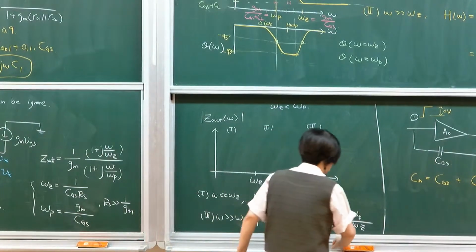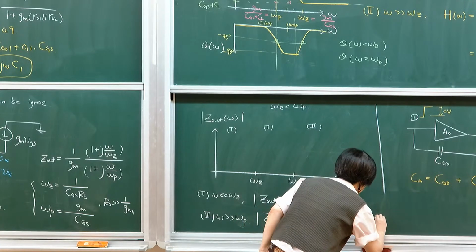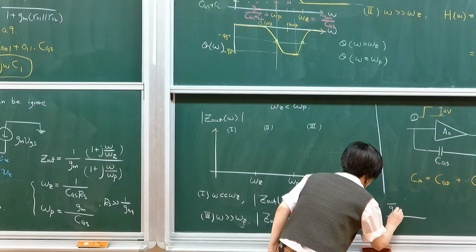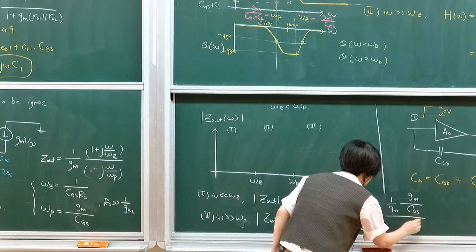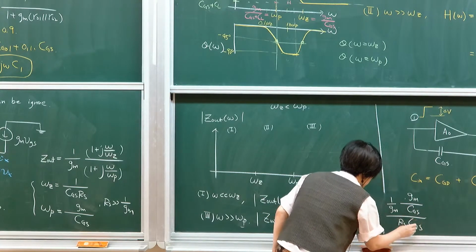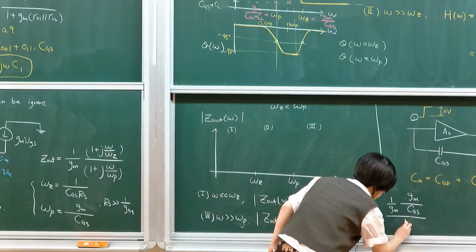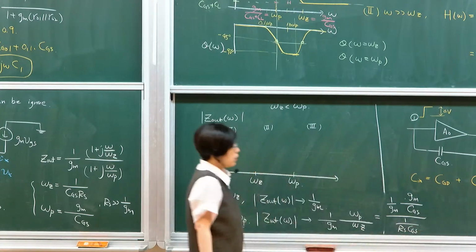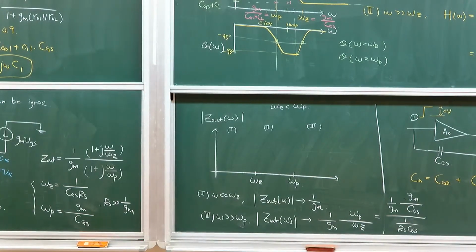Let me just insert numbers. This will be GM over CGS. This will be RS, CGS. Sorry, 1 over RS. Okay? So you simply cancel the terms.